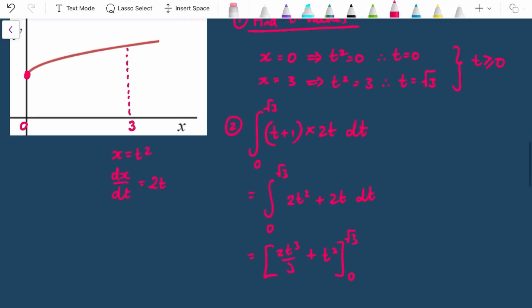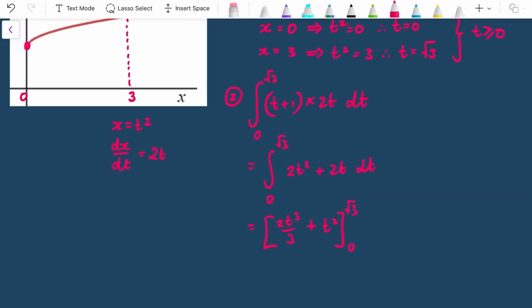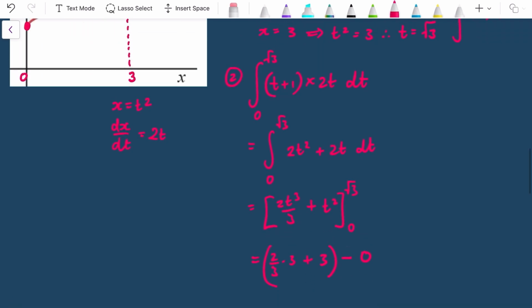Then I'm going to plug in root 3, and I'm going to get 2/3 times root 3 squared, which is 3, plus root 3 squared, which is another 3, subtract 0 when I plug that in. Hang on, that's going to be 2t cubed.